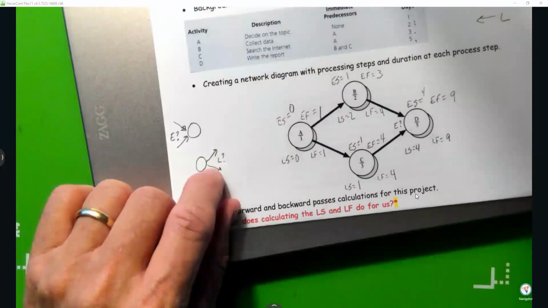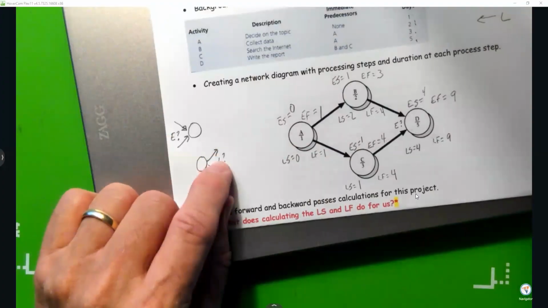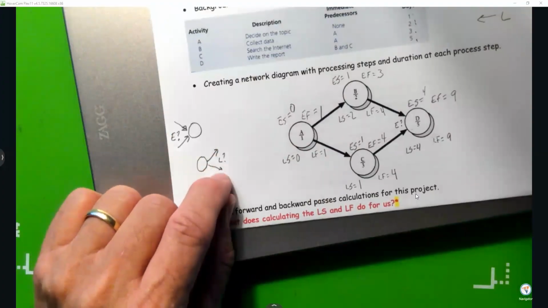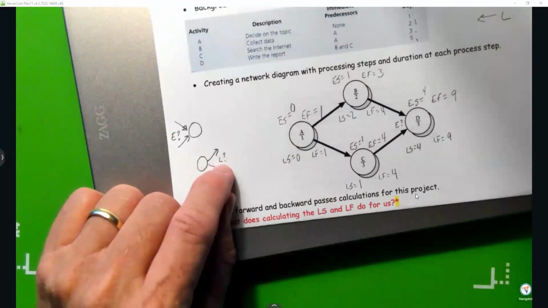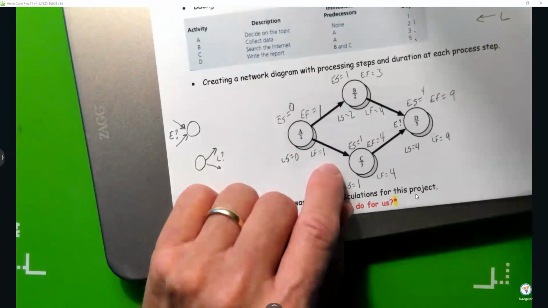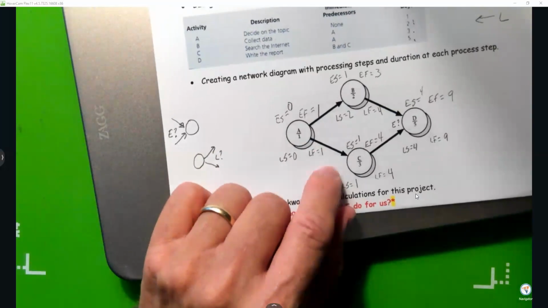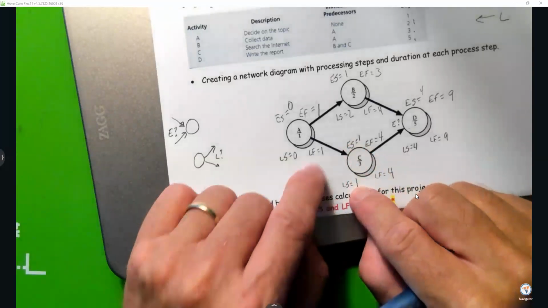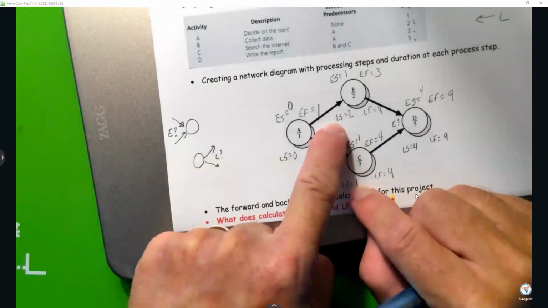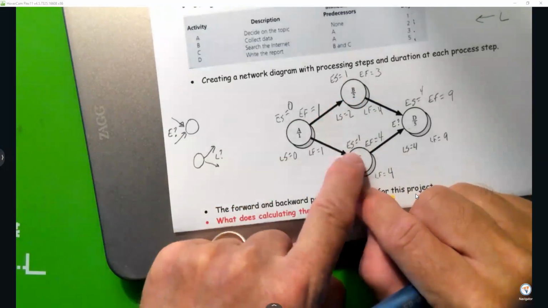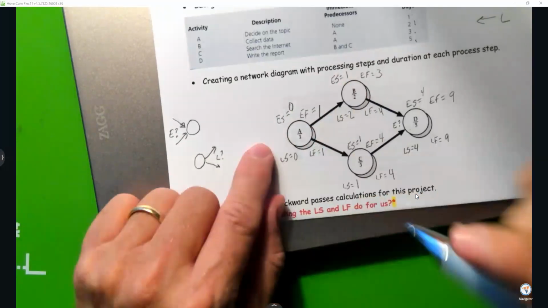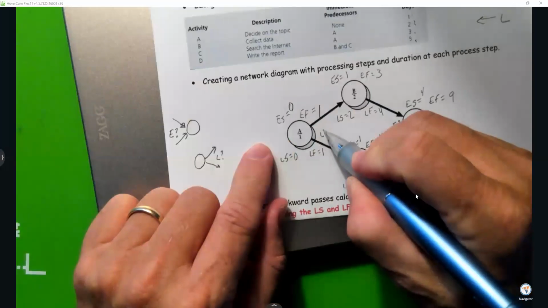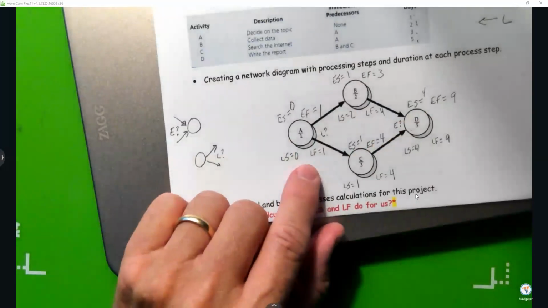These are two arrows backing into it. I have to make a decision on which LF to use. And so on this one, I had to make the decision, do I use this one or do I use this one, okay? Because see that arrows backed into that one. I had to make a decision about which one of these L's to use.